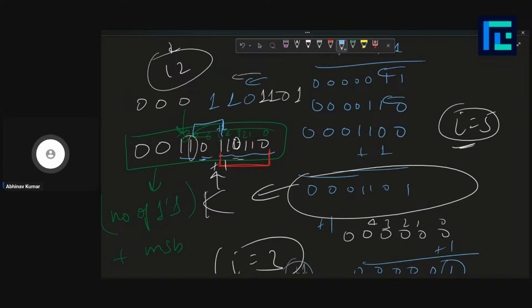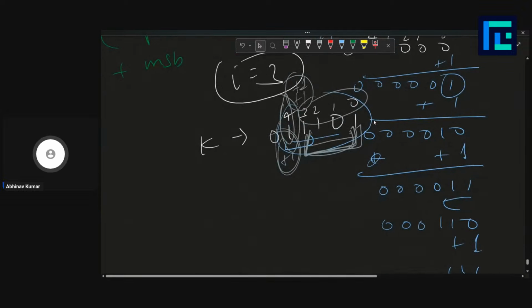So if this is index j and this is index I, you would have to apply the operation 2 to the power j minus I times.